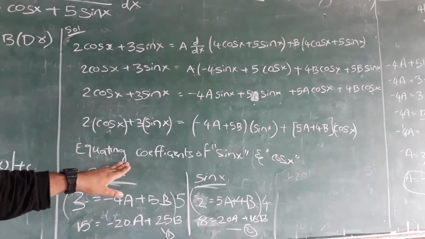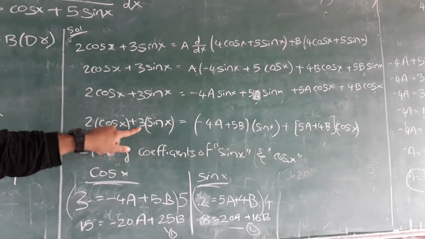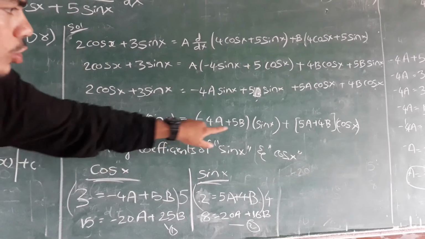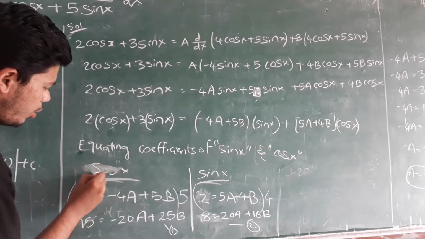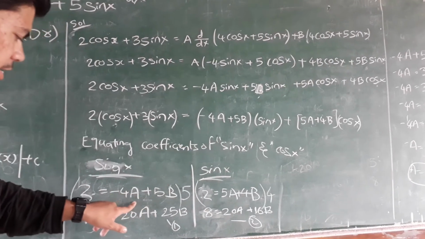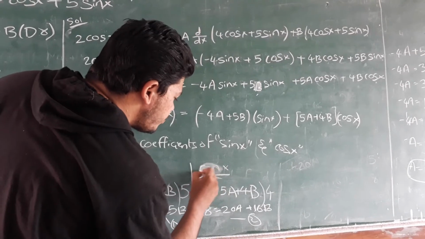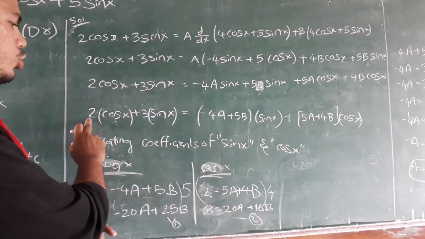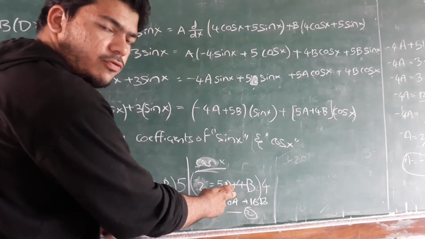The sin x value is 3, so 3 is equal to minus 4a plus 5b. In the same way, the cos x value is 2, so 2 is equal to 5a plus 4b.